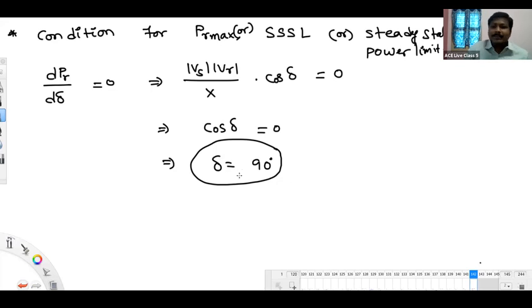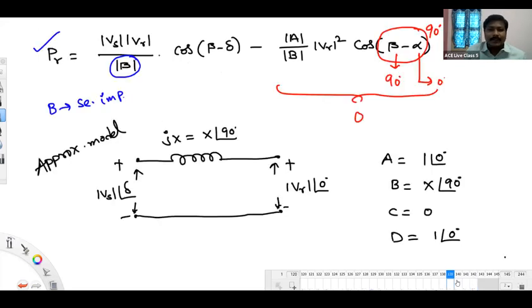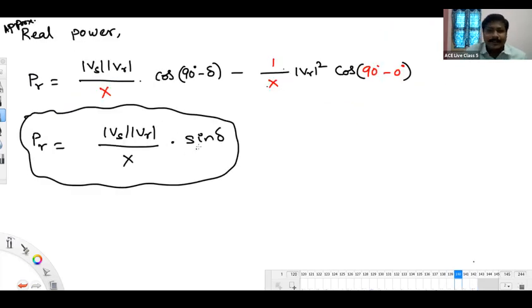Okay, let's give delta equals 90 in the PR equation. So you get sin 90, that will be 1. So what's the maximum real power transfer now?